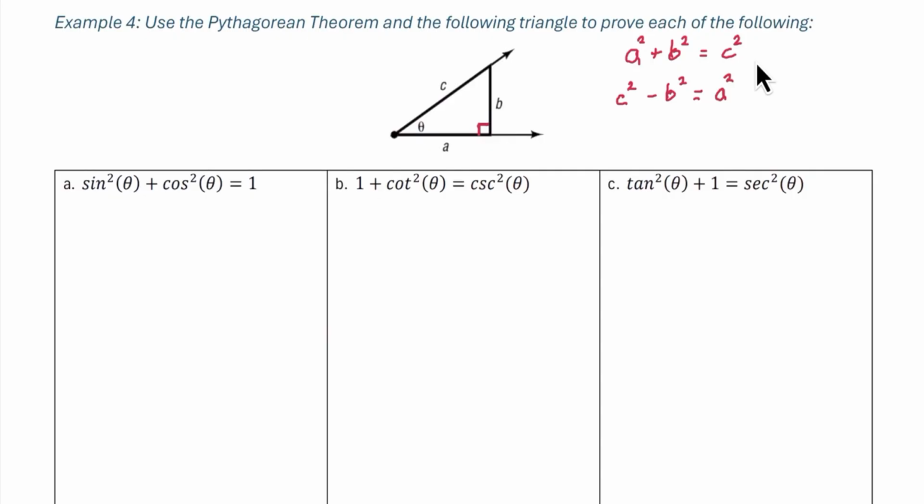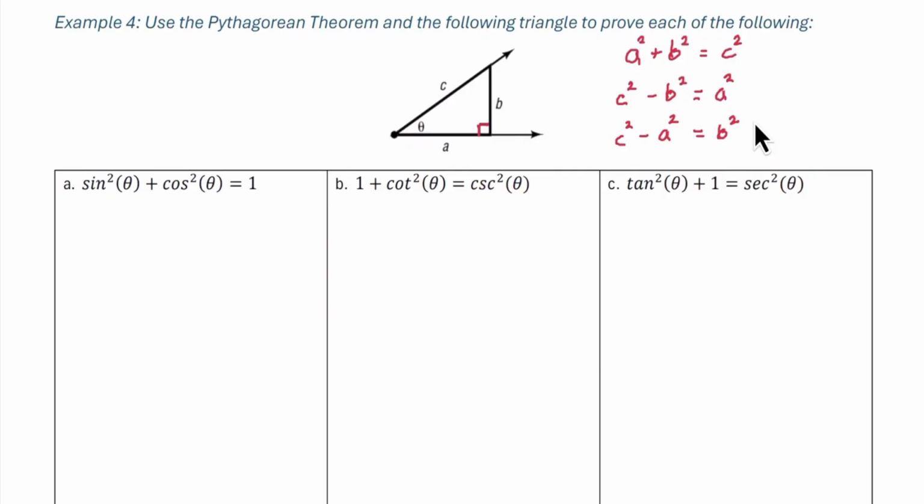Similar to that, let's say we wanted to isolate b squared. Going back to the original Pythagorean theorem, we would need to subtract a squared on both sides, and we would get c squared minus a squared equals b squared. You'll see why we did that in just a moment.